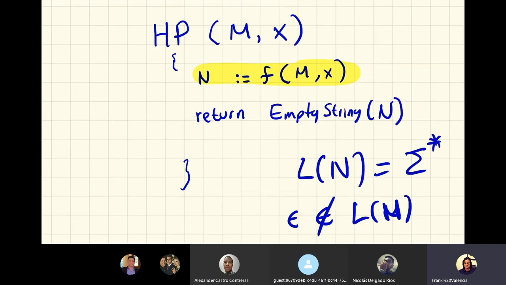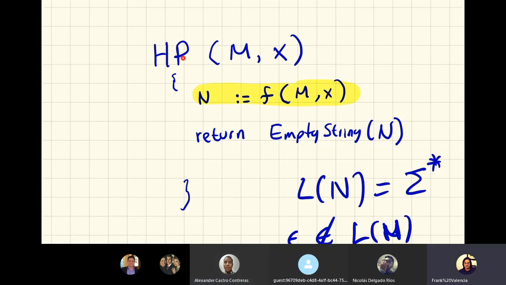M halts on X. So I have just solved the halting problem. If this guy answers no, M doesn't halt on X. And if this guy says yes, M halts on X. Voilà, that's the reduction. Okay, I hope you got it.